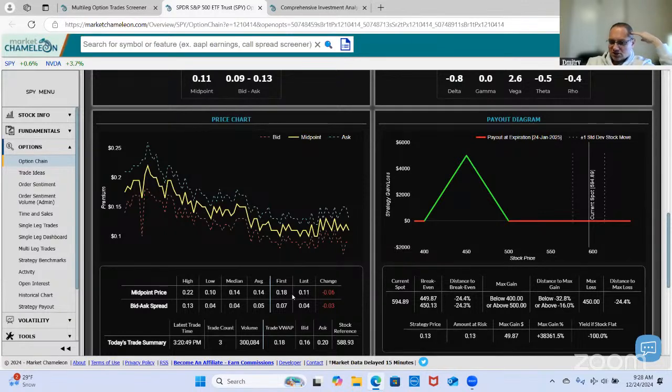And you could see that it opened up at 18 cents at the midpoint up here. And then by the end of the day, it went down to 11 cents, down 7 cents. And most likely, we see that this is a bear spread. It probably had implied volatility higher when the stock was down.